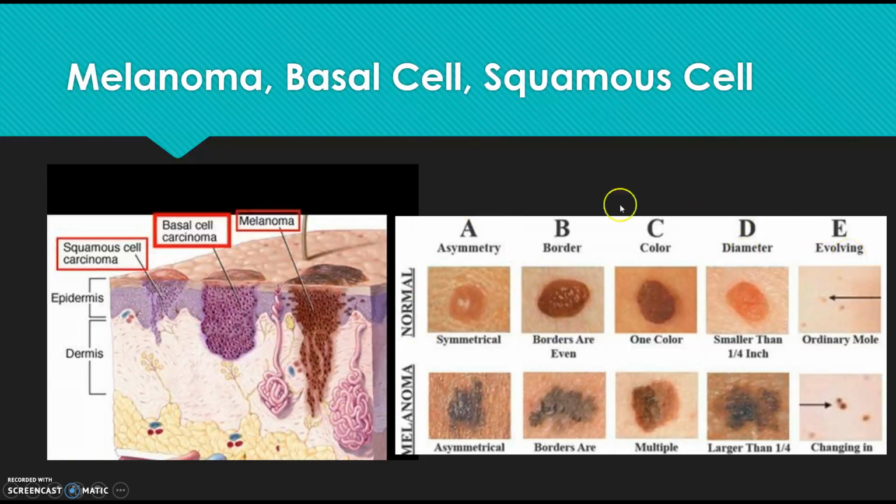And just to point out the ABCDE scale for looking at moles, you want to look for, is it asymmetrical? Does it have a distinct border? What is the color? What is the diameter? And is it evolving or does it change? So typically in a melanoma, there's asymmetry. The borders are uneven. There are multiple colors within it. It's large and it evolves.